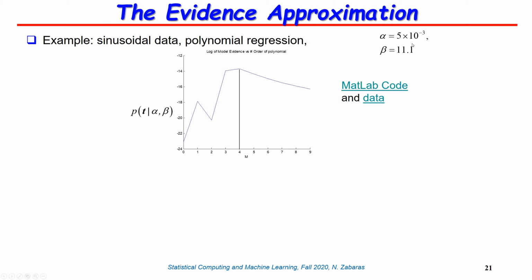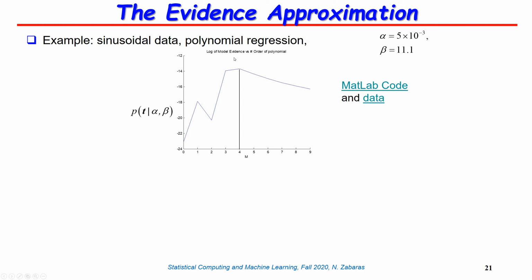So let's say that somehow you have computed the optimal alpha and beta, and what you see here, they are not really the optimal, but let's say you computed them. Then you can ask yourself, can I find the optimal order of the polynomial to use on my regression function? And the answer is yes. And what is your criterion? The optimal will be the one that maximizes your marginal likelihood.